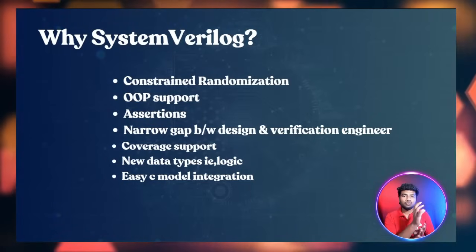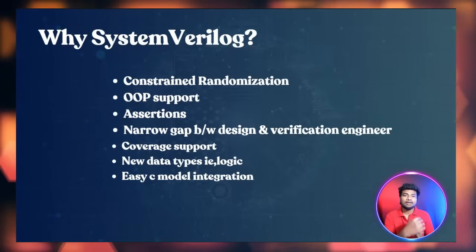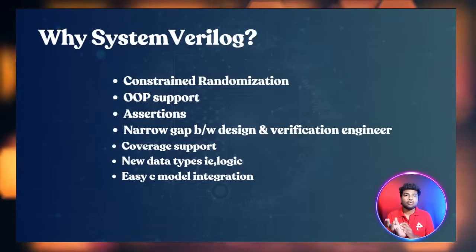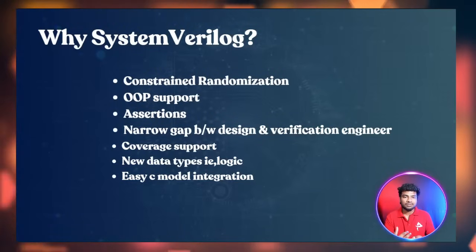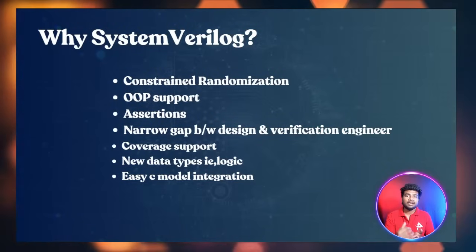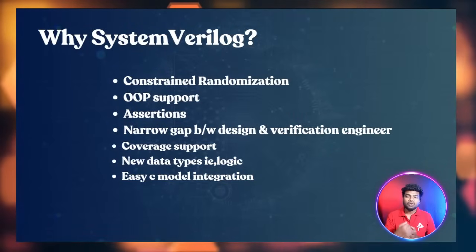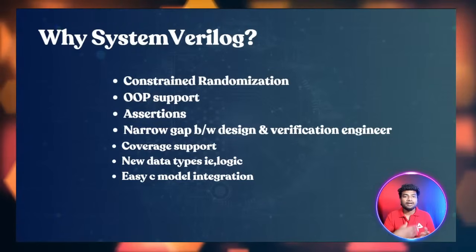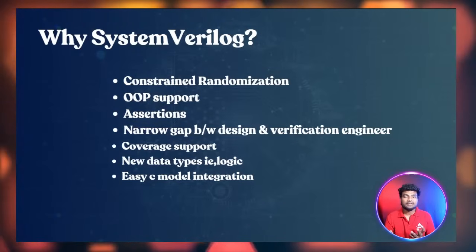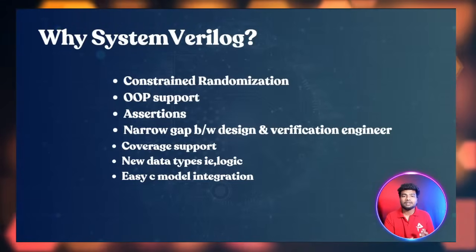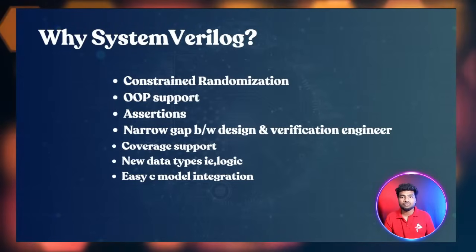You can put them into a class. You write the signals inside the class, so the class has 500 input and output signals. You can easily randomize the 500 signals by randomizing the class. If you randomize the class, those 500 signals are also randomized. So this is one advantage over Verilog.